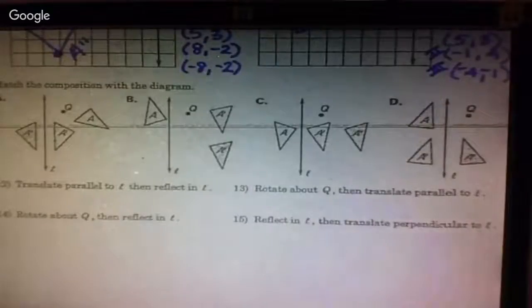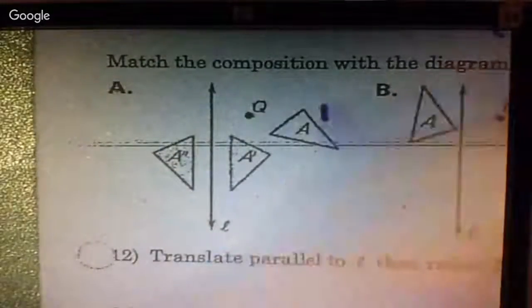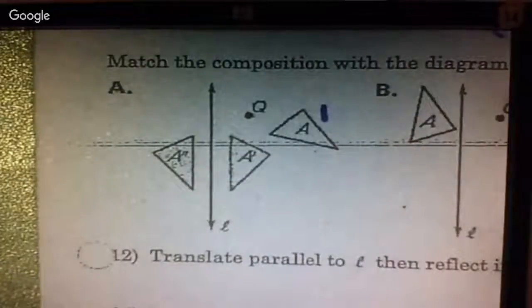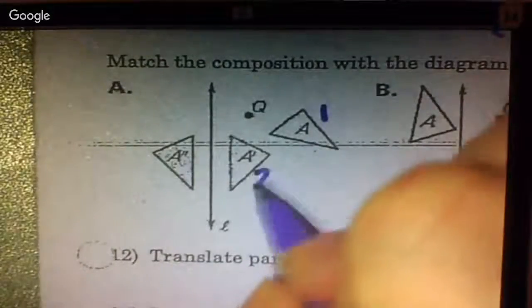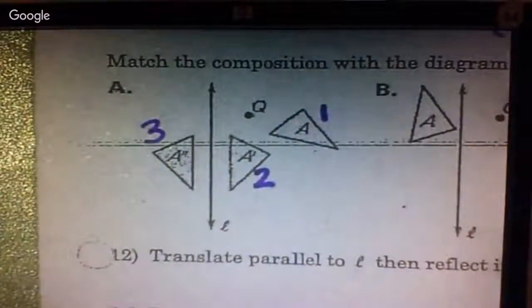Okay, all right. So take a look at A. Let's do it this way. Which one is my first one? The one in the top corner. So this is 1. Which one's 2? The one in the corner. And then 3. So to go from 1 to 2, what am I doing? Rotating.